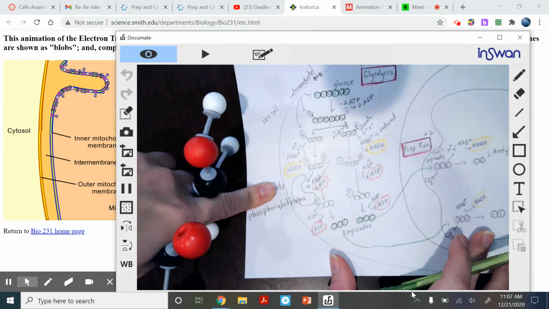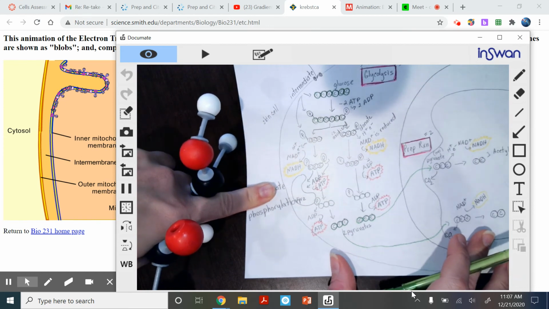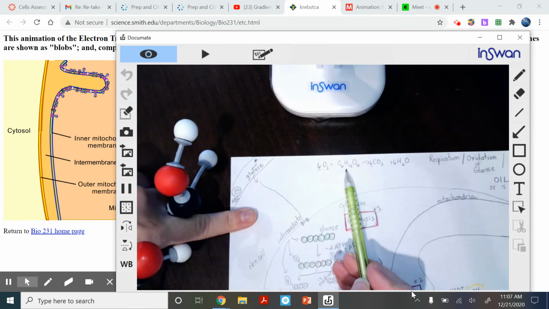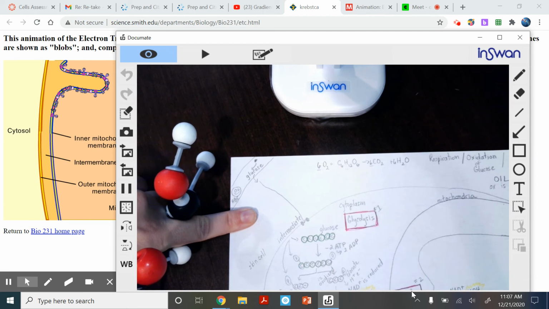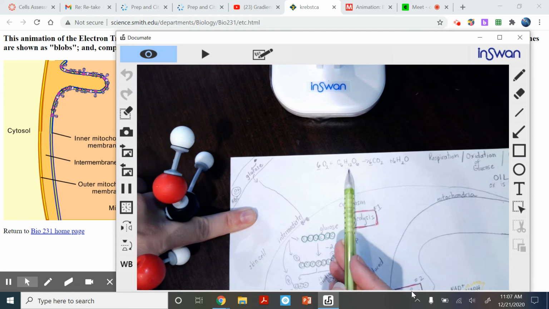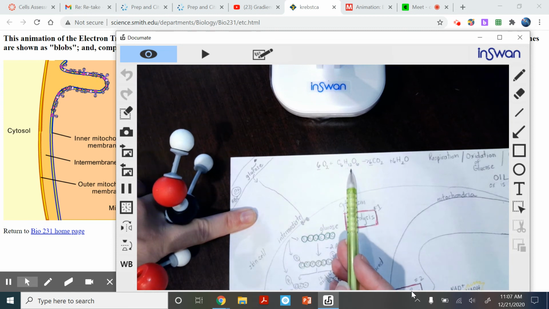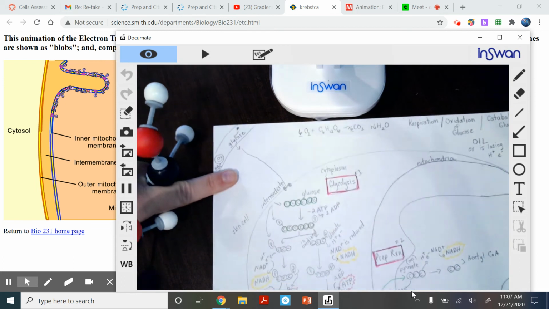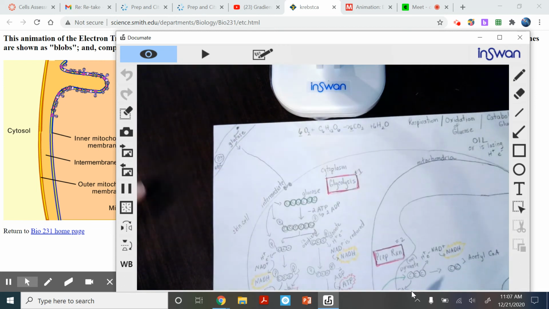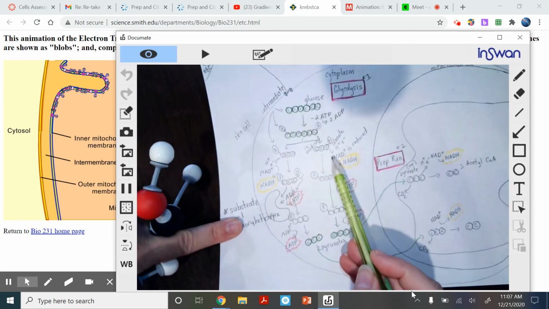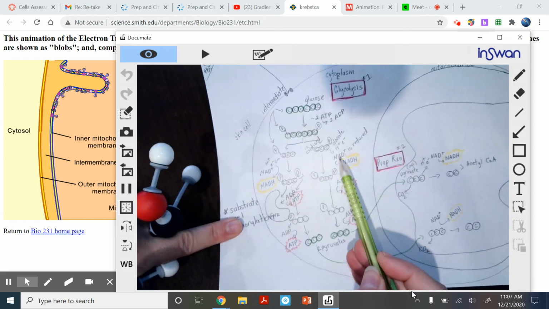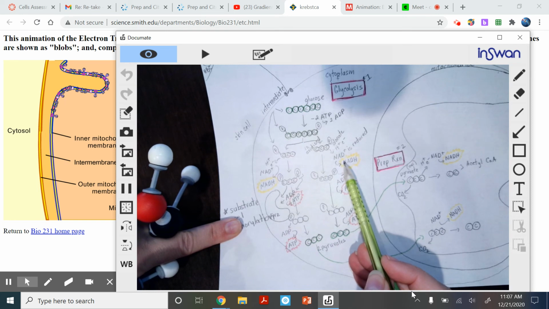Can anyone tell me, out of the 12 hydrogens, how many got pulled off in glycolysis? Remember when we pull off hydrogens, we put them on NAD+. 2.